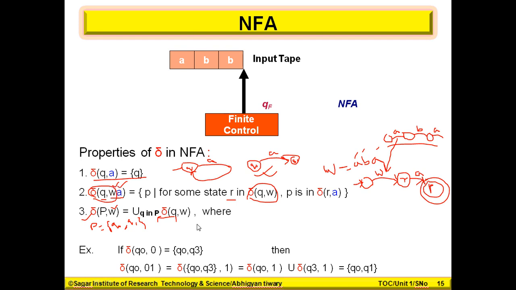So what will happen? This Q is from P, and P has these states. So if I write this transition function, Q0 is going to read this W because we took this Q from here itself, and union. This is the union, Q in P. So how many Q do we have?